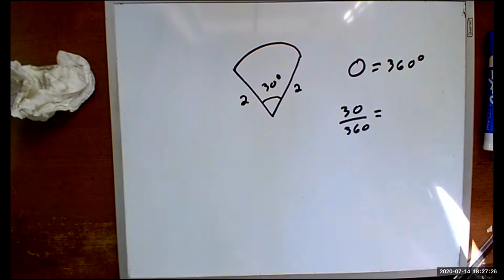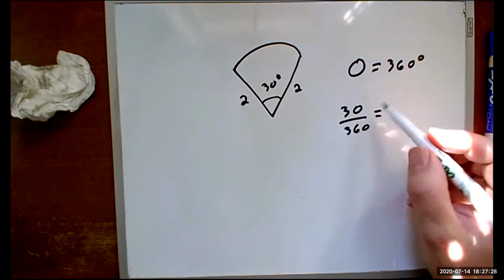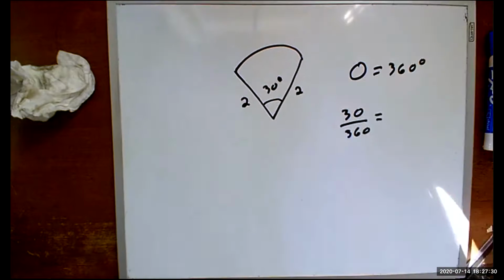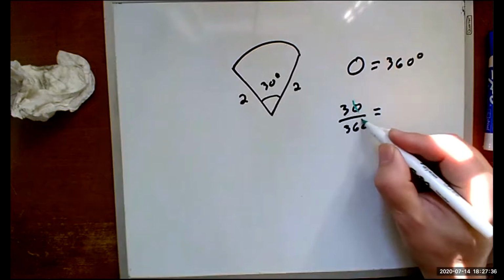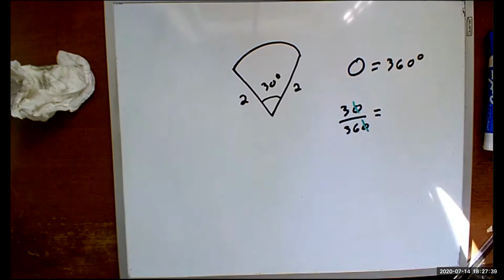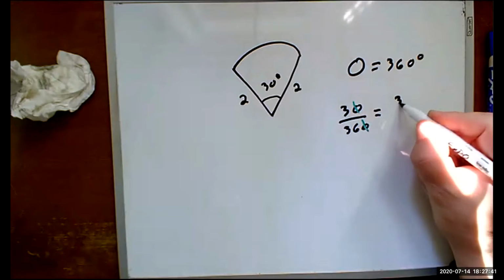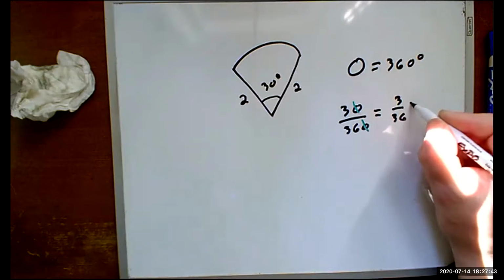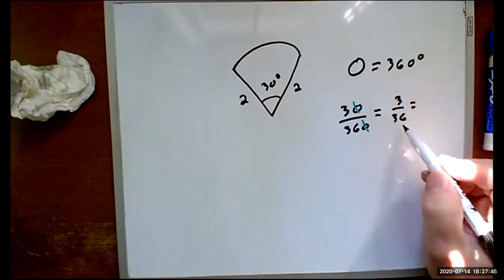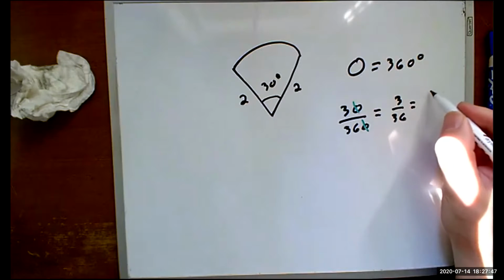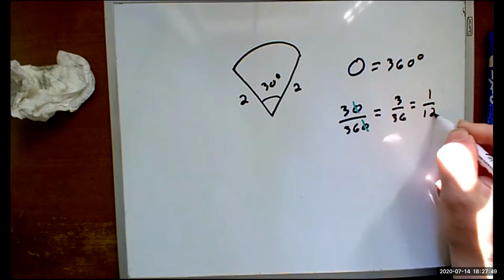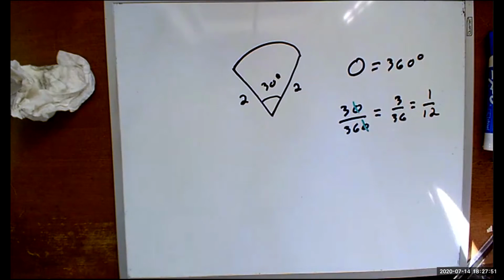It's a little trick I haven't had a chance to show in case you haven't seen it before. If you have zeros top and bottom, which is to say things that are being multiplied by factors of 10, those parts just go ahead and cancel out. It's like dividing by 10, which leaves me with 3 over 36. Well, 36 divides by 3. So this tells me that I'm left with 1/12 of a circle.